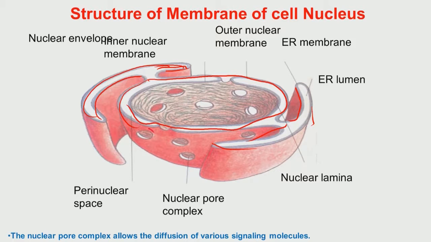The way I am drawing, there are certain holes in the nuclear membrane structure, and these holes form what they call the nuclear pore complex. This nuclear pore complex allows the transport of proteins or certain cellular signaling molecules into the nucleus from the cytoplasm.